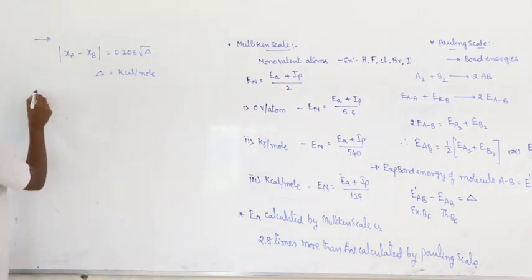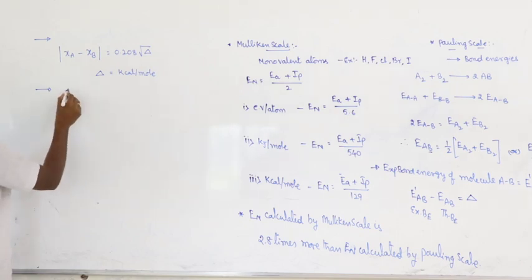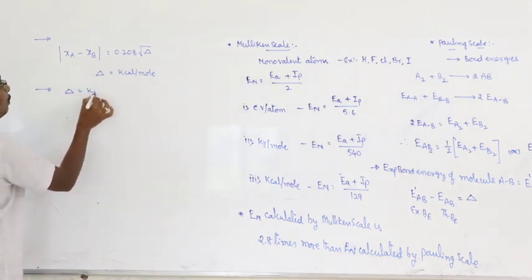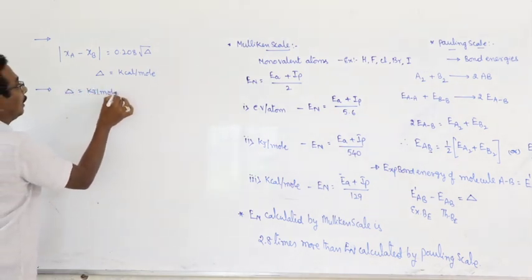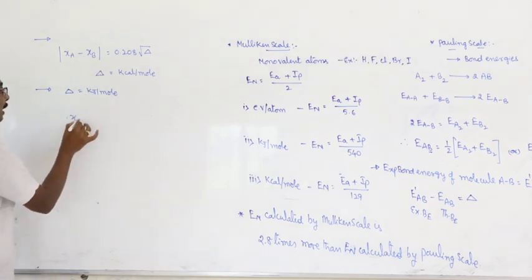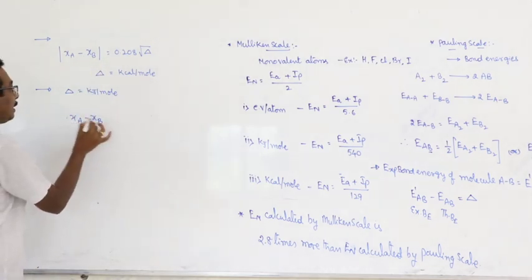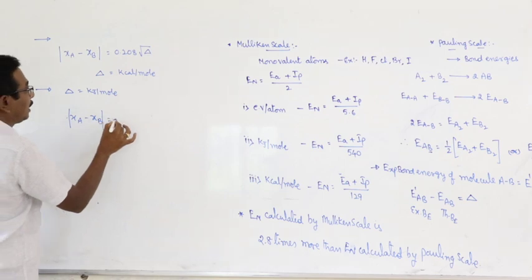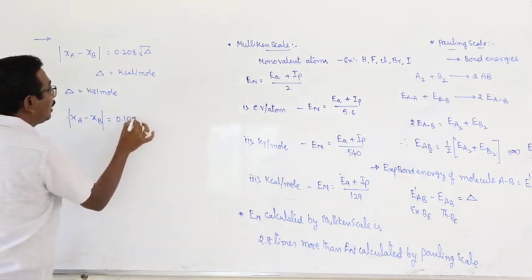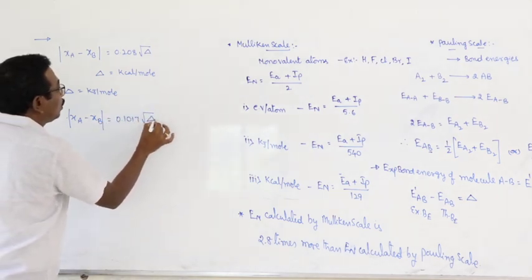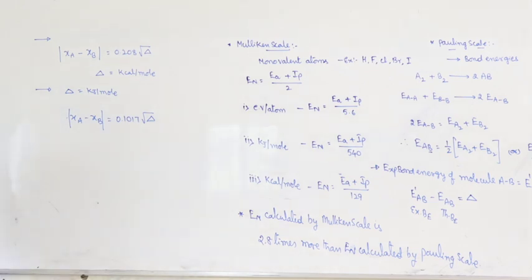When delta is given in terms of kilojoule per mole, then the same expression is given as modulus of XA minus XB is equal to 0.1017 into root delta. These are the expressions that are used to calculate the electronegativity of atom of an element.